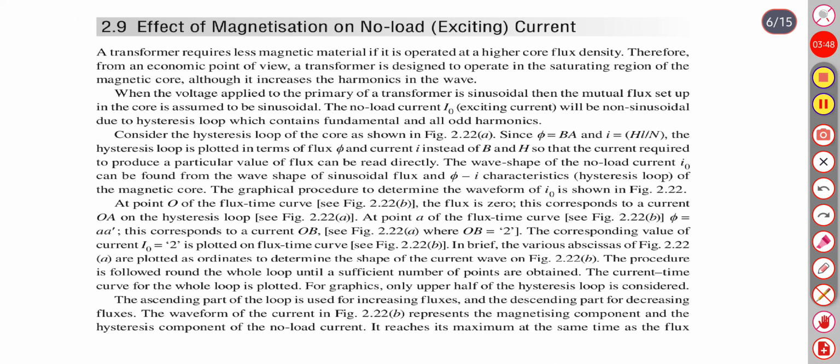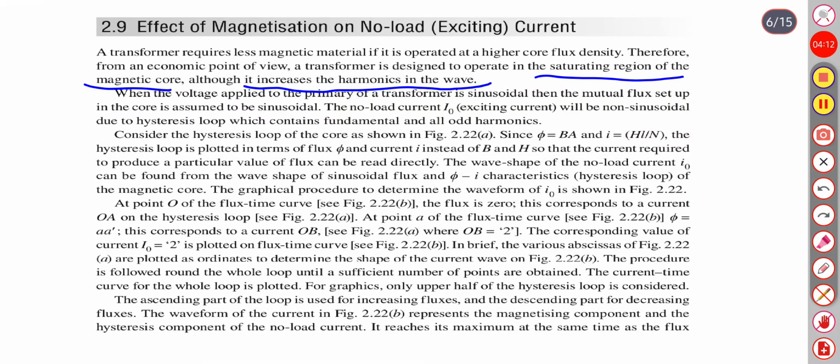Effect of magnetization on no load exciting current. A transformer requires less magnetic material if it is operated at higher core flux density. Therefore, from an economic point of view, a transformer is designed to operate in the saturating region of the magnetic core, although it increases the harmonics in the wave.